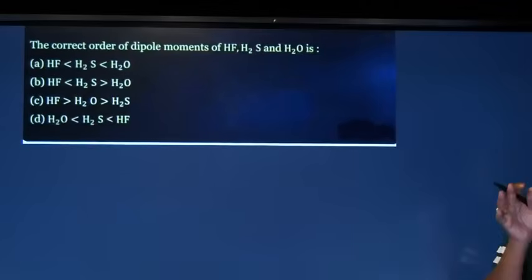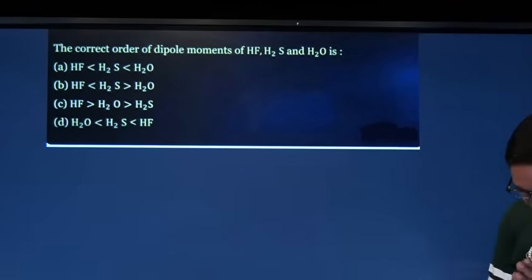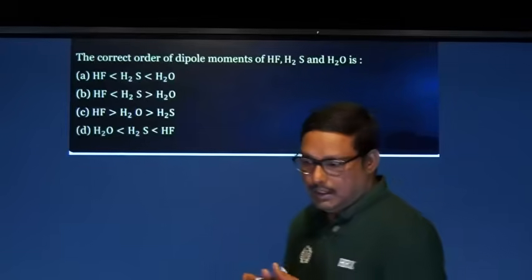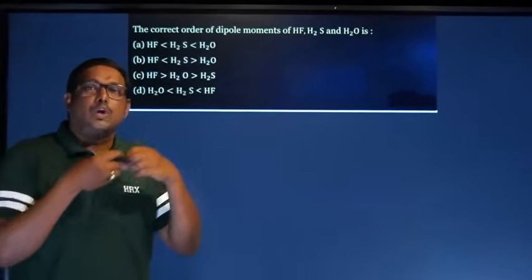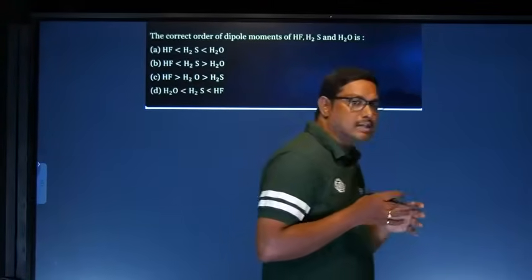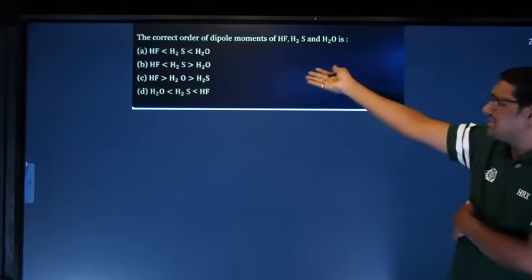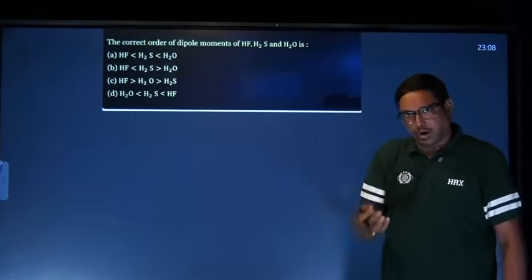Now the next question: the correct order of dipole moment of hydrogen fluoride, H2S and water molecule. What is meant by dipole moment? By using dipole moment, you can differentiate whether a molecule is polar or non-polar. If any molecule has dipole moment, you can say it is a polar covalent compound.